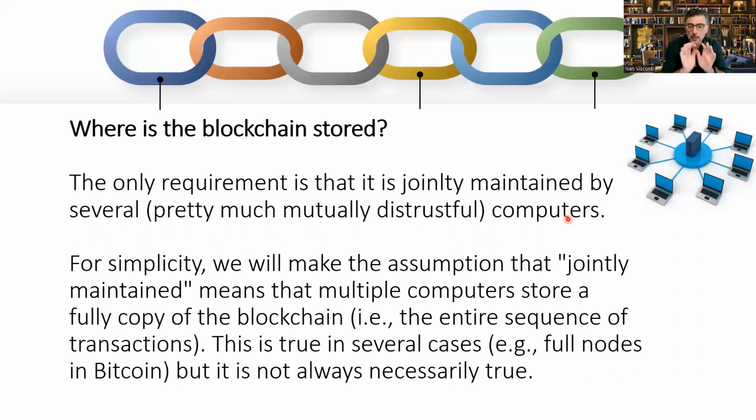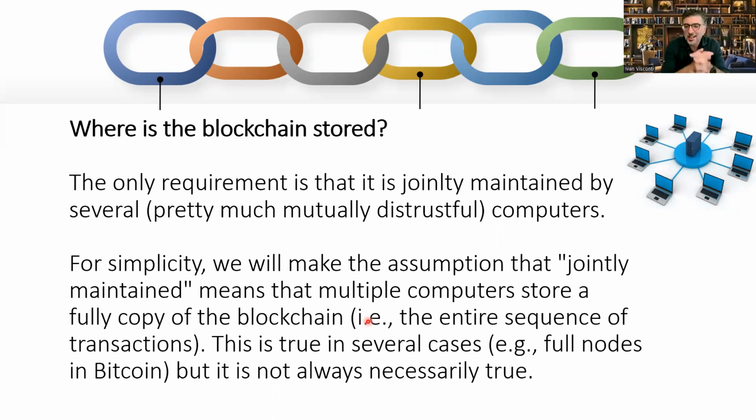Okay, for this lecture, we will consider, for simplicity, the case that jointly maintained means that there are computers that store a full copy of the blockchain, which means the entire sequence of transactions from the genesis of the blockchain until its current state. This is not a crazy assumption.